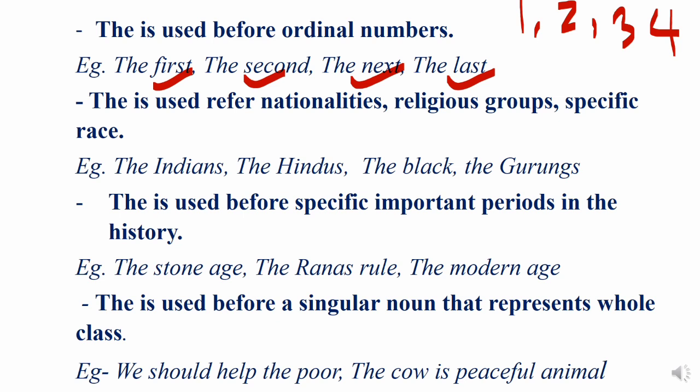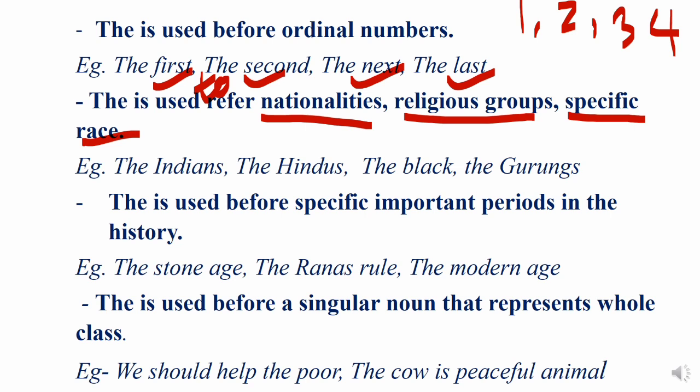The is used to refer to nationalities, religious groups, and specific races. I'm telling you, nationality, religious group, specific race, not nation, not religion.